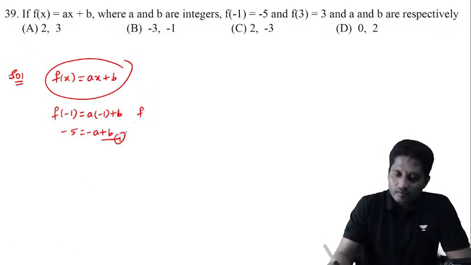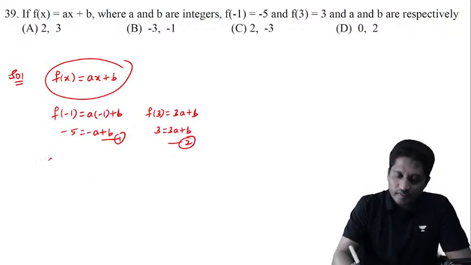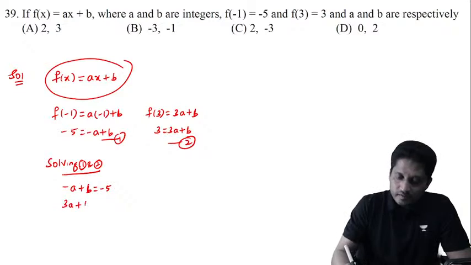F of 3 is equal to 3a plus b. F of 3 is 3. So I get 3 is equal to 3a plus b. Call it equation 2. Now I am solving equations 1 and 2: minus a plus b is equal to minus 5 and 3a plus b is equal to plus 3.